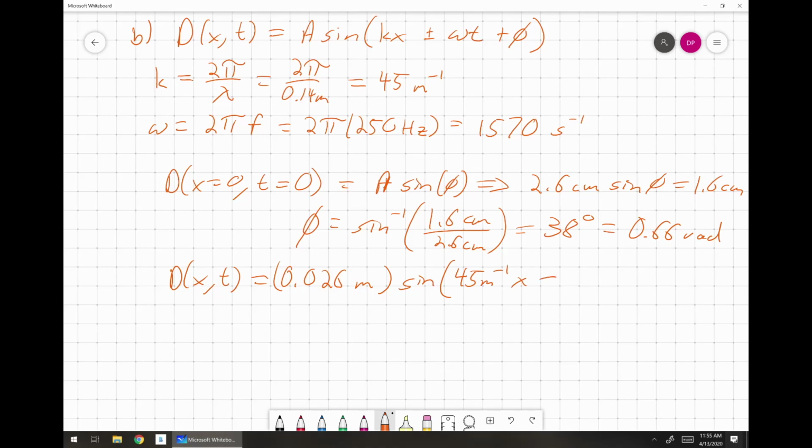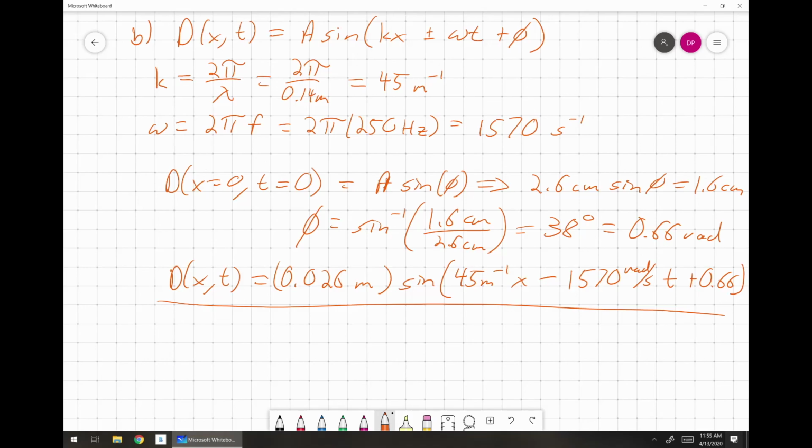So we have a minus sign here. Then we have our 1570 radians per second times t. And then we have plus our phase angle, the 0.66. So then that is our equation for this traveling wave.